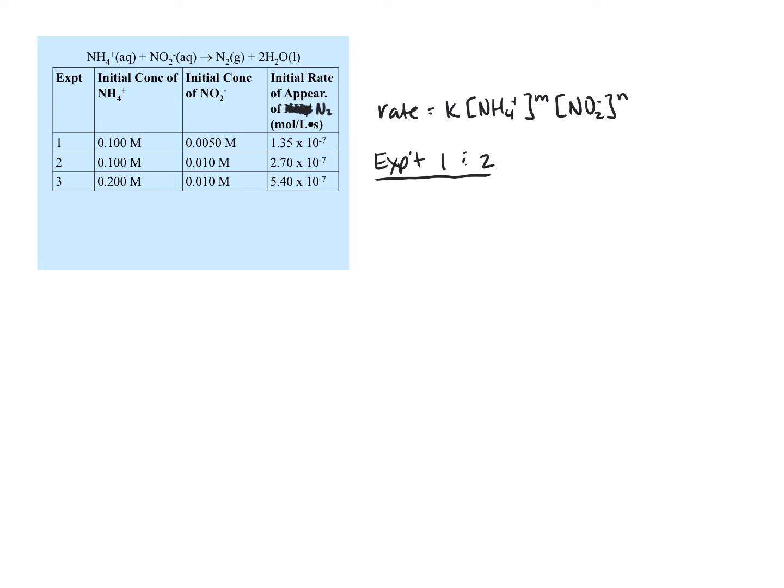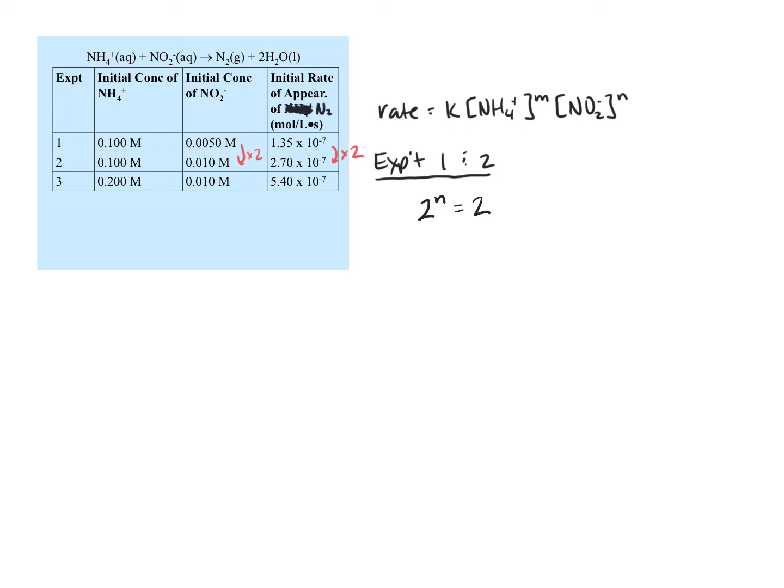So you should have picked experiment numbers 1 and 2, and you notice right here that the concentration of NO2 minus is doubling. And what's happening to the rate of appearance? It is also doubling. So then to set up solving for what the exponent is on NO2 minus, keep in mind that it is n right here. We will say here, hopefully you remember this from your pre-calculus class, 2 to the n power equals 2.